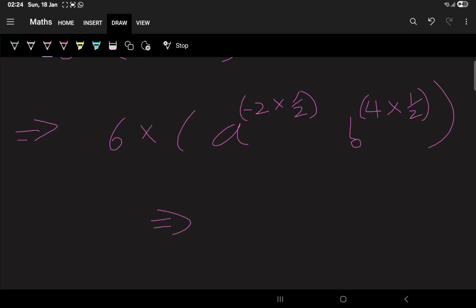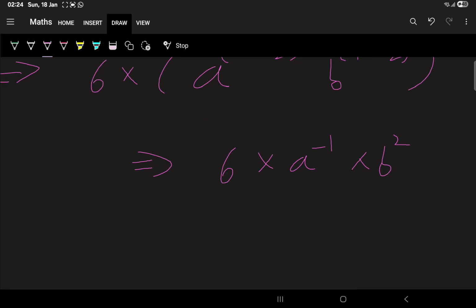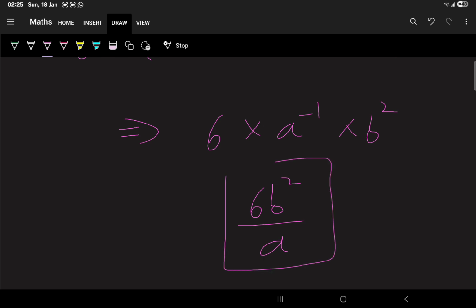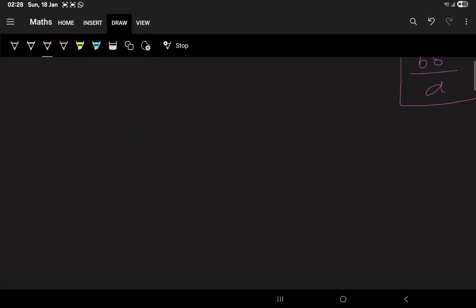This is going to simplify to be 6 times a raised to the power of negative 1 times b square. Now this can be further simplified to 6b square divided by a, because a raised to the power of negative index is 1 over a. So this is our final answer.